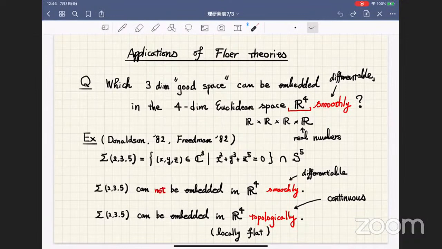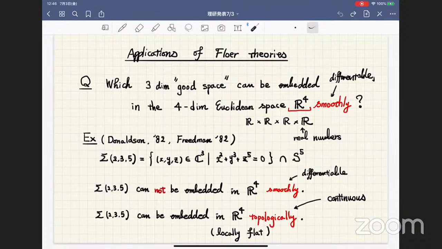Let Sigma(2,3,5) be the intersection of the zero set of this polynomial and S5. We can see that this is a good example of a three-dimensional space. So this is an example of a three-manifold.